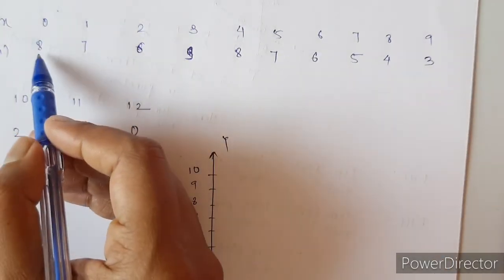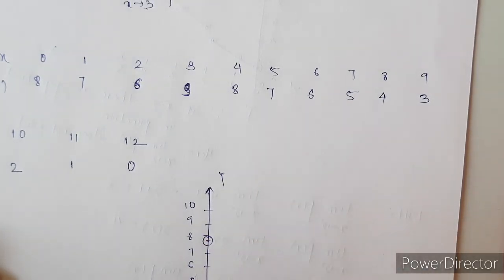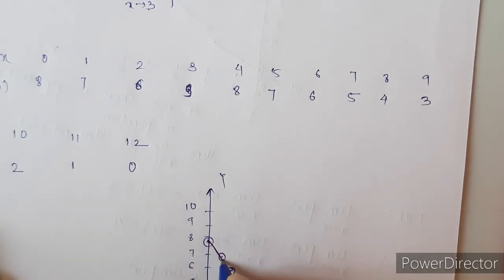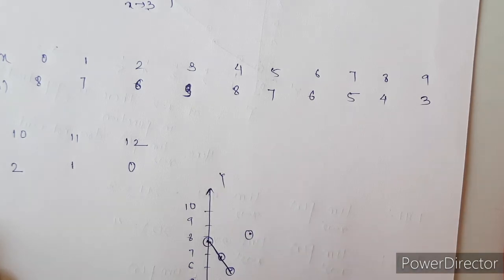Now for 0 it is 8, for 1 it is 7, for 2 it is 6. Okay, so we are getting a straight line here. Now for 3 it is 9. It has a jump in a graph. For 4 it is 8.